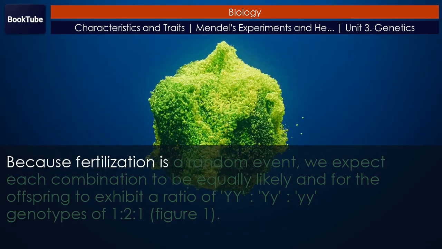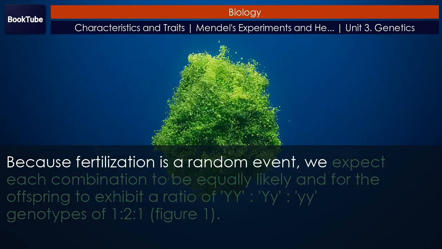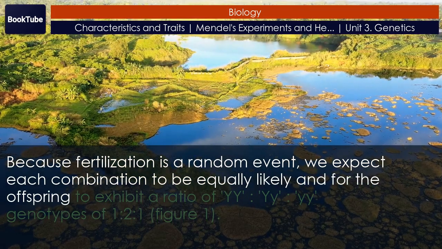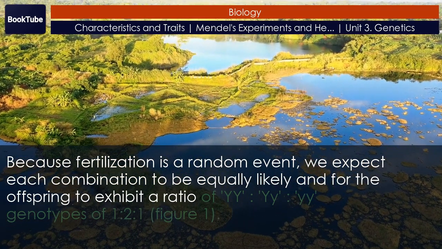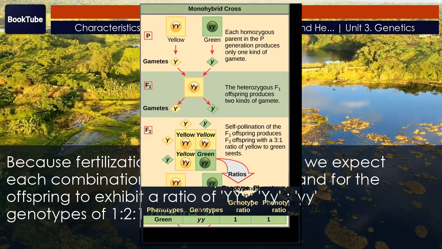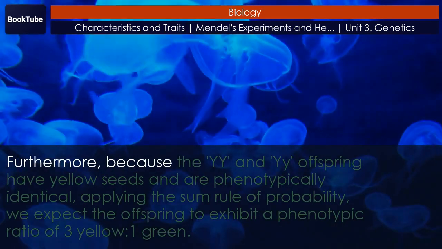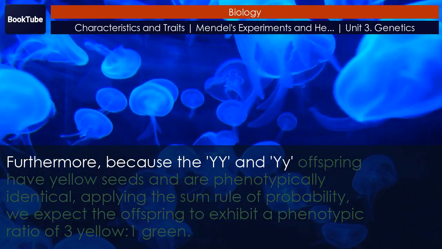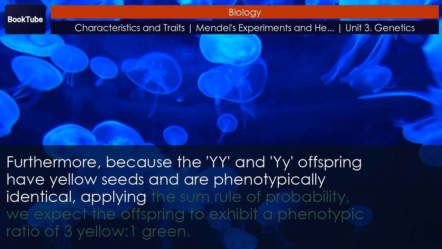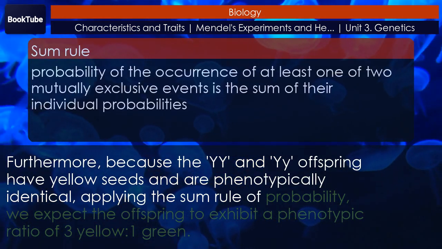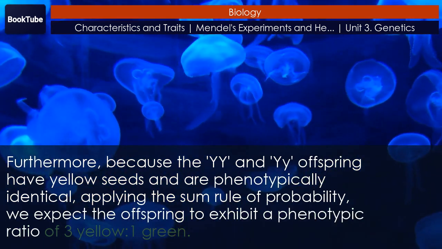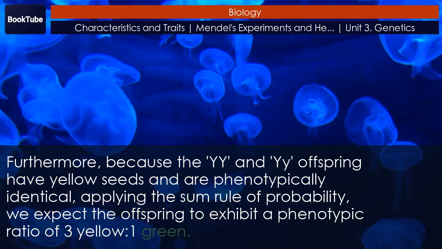Because fertilization is a random event, we expect each combination to be equally likely and for the offspring to exhibit a ratio of YY, Yy, yy genotypes of 1:2:1. Figure 1. Furthermore, because the YY and Yy offspring have yellow seeds and are phenotypically identical, applying the sum rule of probability, we expect the offspring to exhibit a phenotypic ratio of 3 yellow, 1 green.